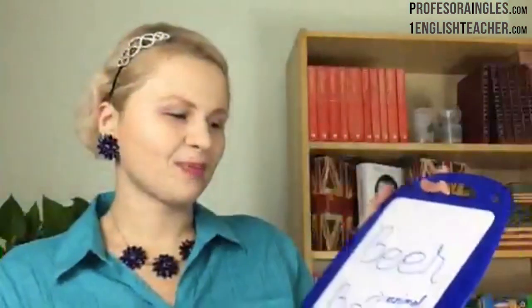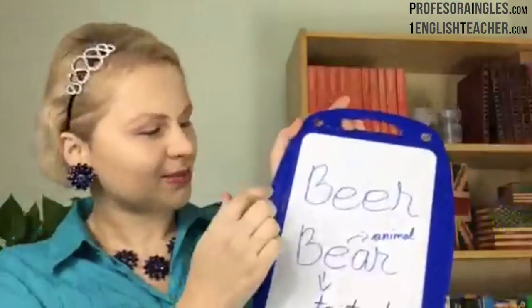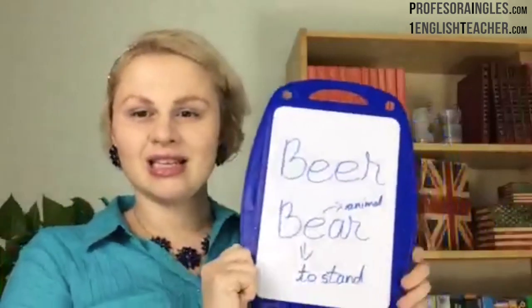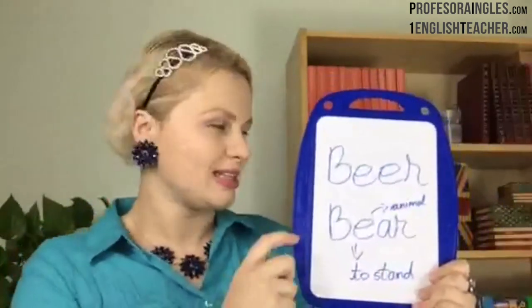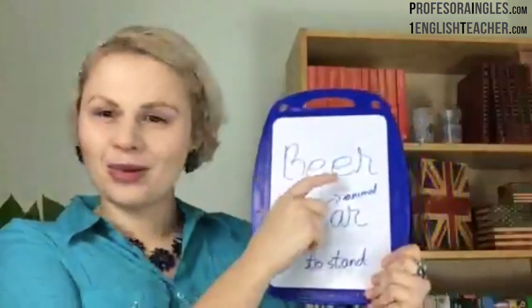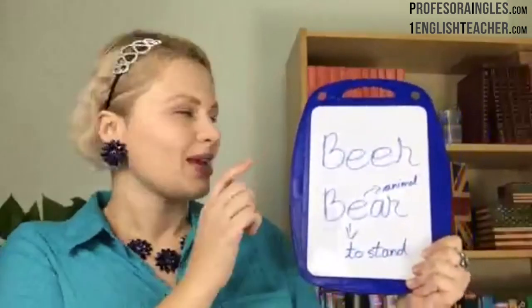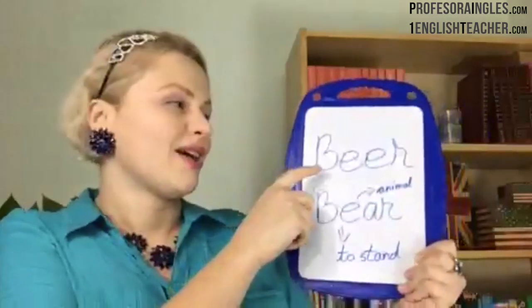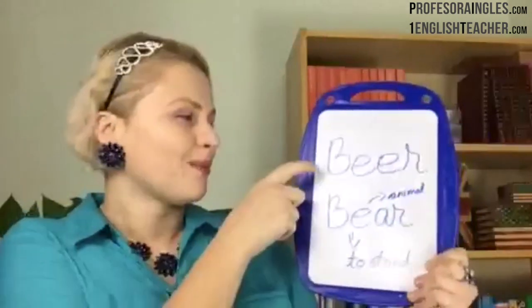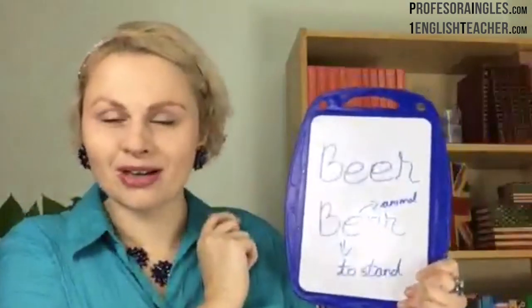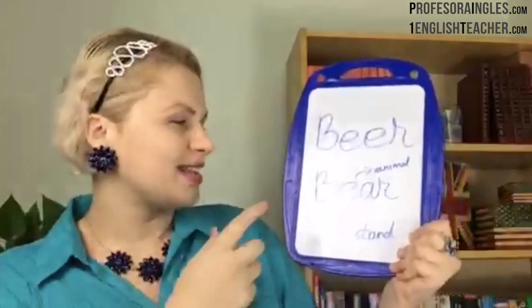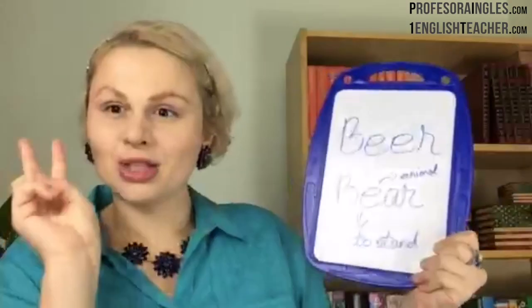Now, let's continue with the next one. This is beer. Beer is something you like to drink, and like Australians say, this is an amber liquid. If you have watched my previous lessons about Australian slang, Australians call beer amber fluid. So this is amber fluid, beer, a drink, and this is, well, it can be two things.